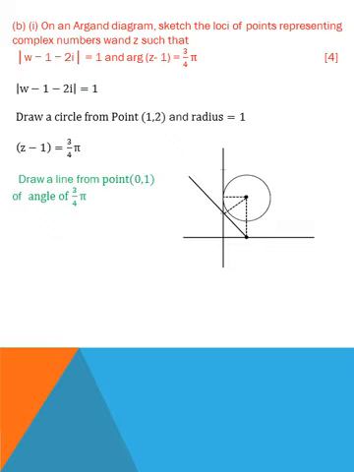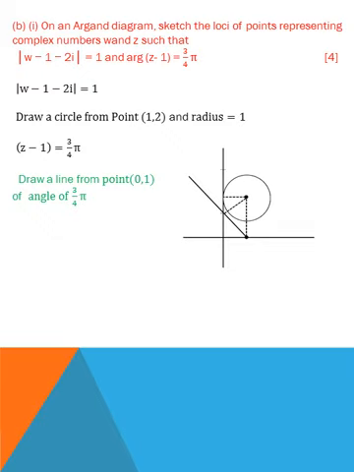In B part, on an Argand diagram sketch the loci. Loci means exact position of something, of points representing complex numbers w and z, such that the modulus of w minus 1 minus 2 iota is equal to 1, and argument of z minus 1 is equal to 3 pi by 4.